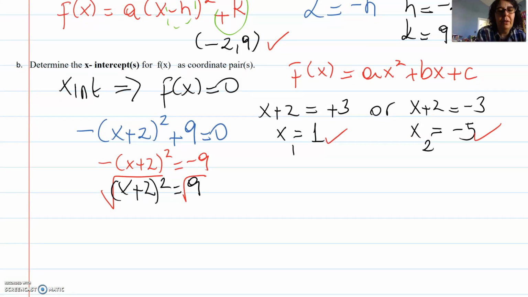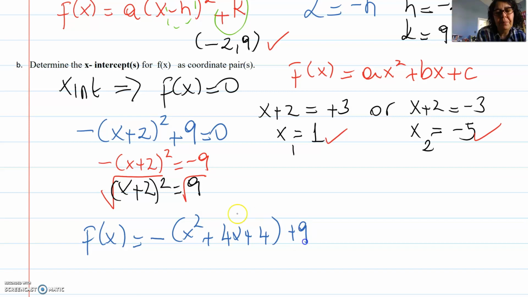So function was f of x, negative, that quantity will be opened up as x squared plus 4x plus 4 plus 9, and f of x will turn out to be negative x squared, negative 4x, negative 4 plus 9.